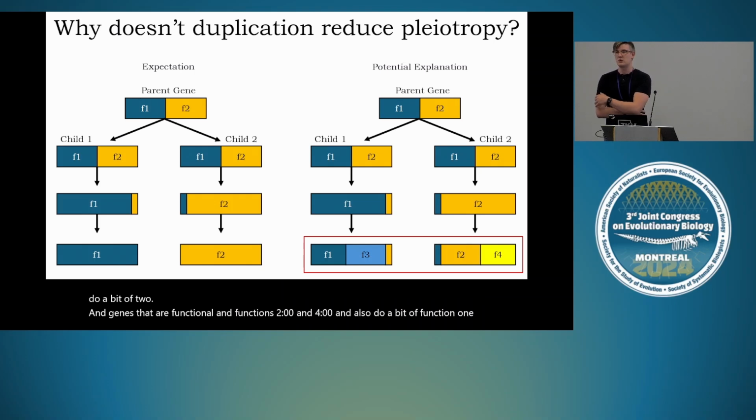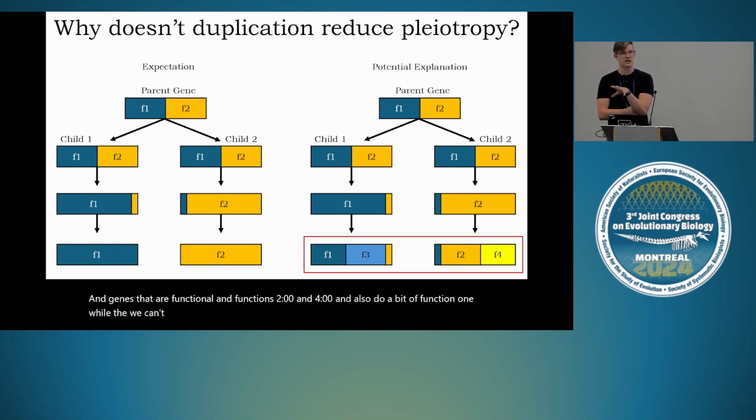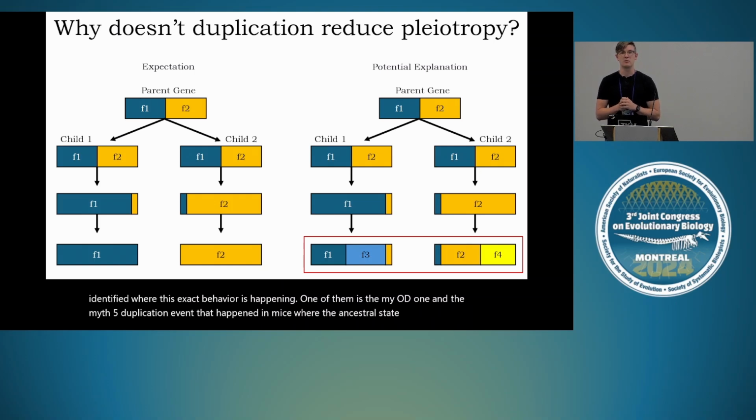While we can't exactly say that this is happening in every case, we do have case studies identified where this exact behavior is happening. One of them is the MyoD1 and the MYF5 duplication event that happened in mice, where the ancestral state was capable of robust transcriptional regulation.